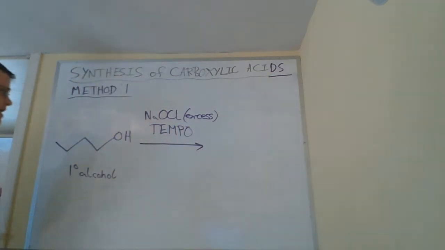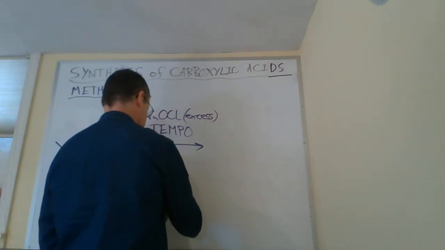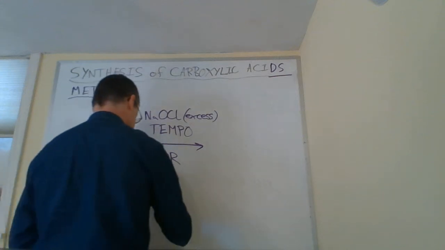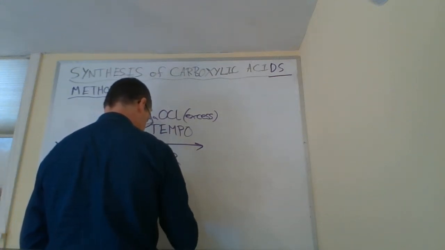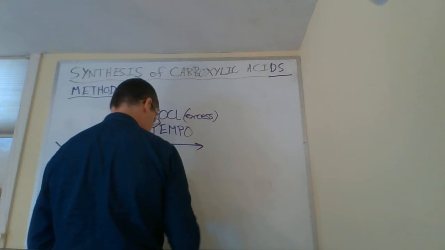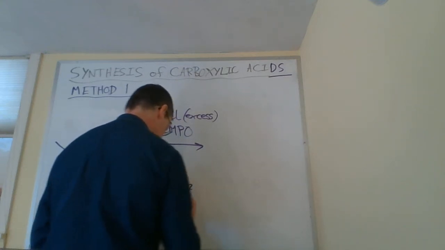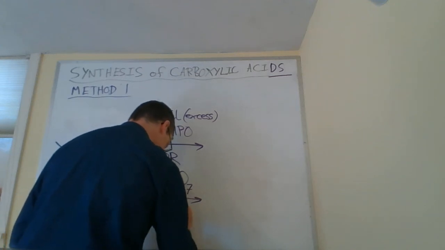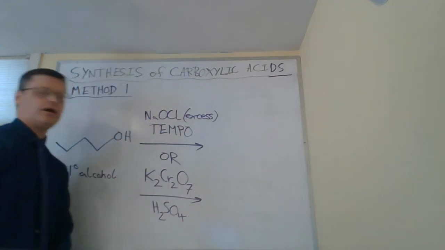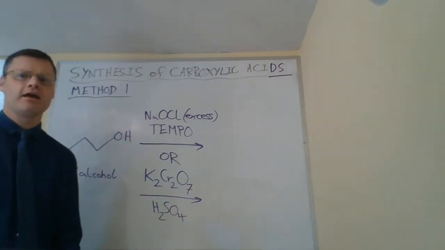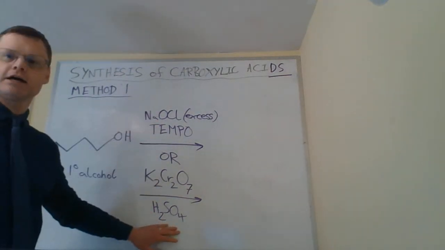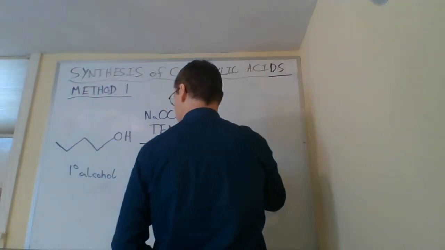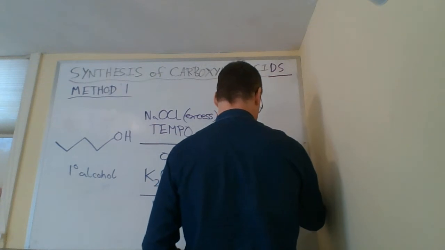Or instead of those, we could use some sort of dichromate salt, in this case K2Cr2O7 with sulfuric acid. The combination of these two makes chromic acid. Both of these are strongly oxidizing conditions, which means they can oxidize all the way to butanoic acid.